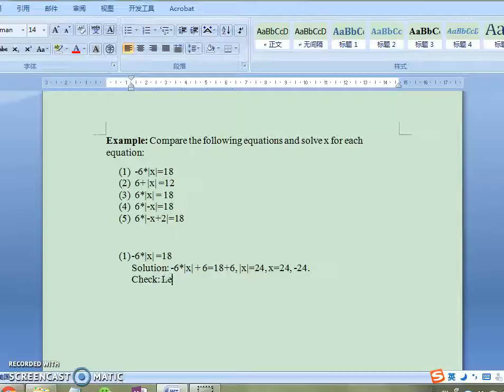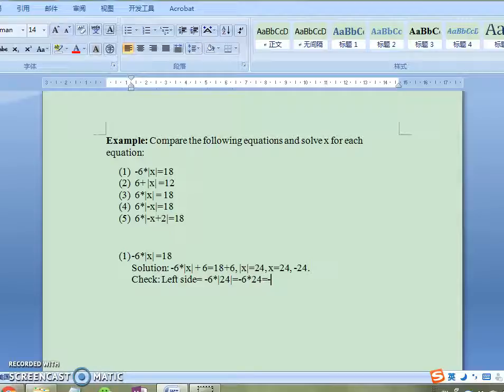Let's check the left side. The left side equals -6 times the absolute value of x, if we choose the first value you found, and equals -6 times 24. This equals what?